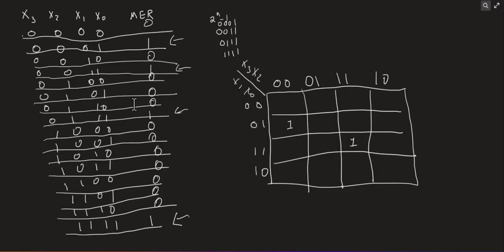Then the next one is 0011. And let me label these 0 through 15. The number 7 is 0111, which would be right here.